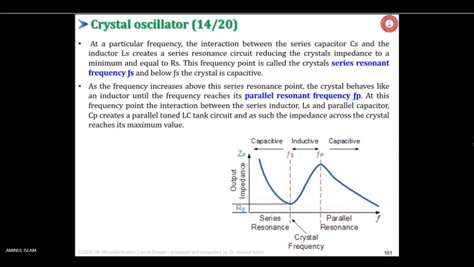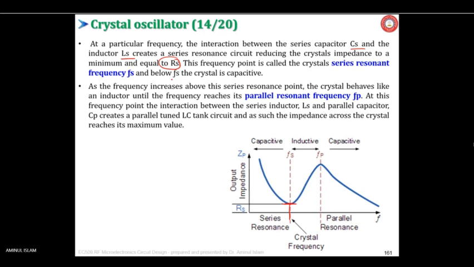At a particular frequency, the interaction between the series capacitance CS and the inductance LS creates a series resonance circuit, reducing the crystal's impedance to a minimum, equal to RS. I mean, this point is what we are talking about. Here the impedance is minimum. This frequency point is called the series resonant frequency FS.